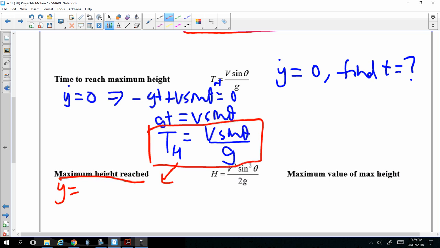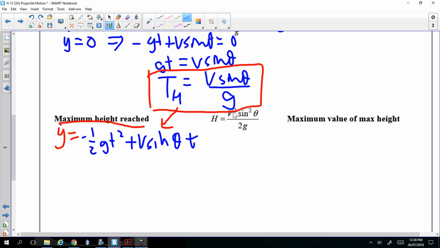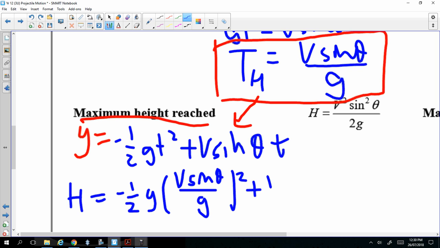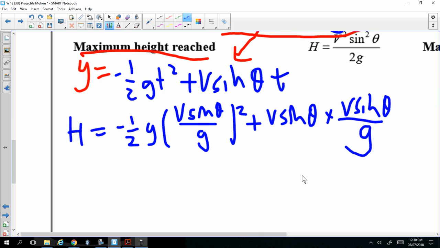So y, now the maximum height, equal to negative half g times (v sine theta over g) squared plus v sine theta times v sine theta over g. Then we simplify, that will be negative g v squared sine squared theta over 2g squared plus v squared sine squared theta over g.